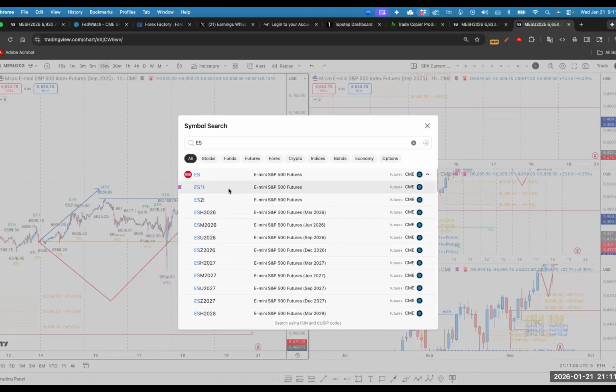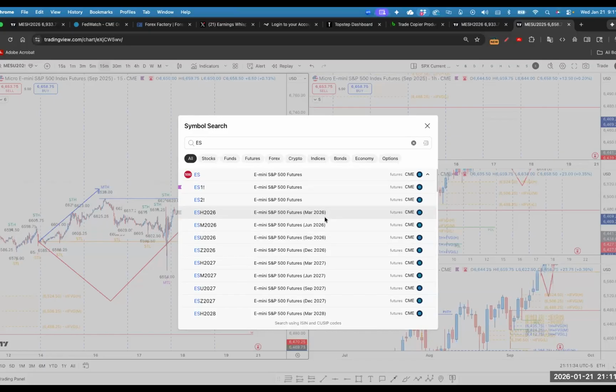Those you don't actually trade, but they have continuous data so that you can see the data for the futures ongoing, right? The different contracts for each quarter are March, June, September, and December. And that's for every year, right? And right before each one of these is the expiration date.